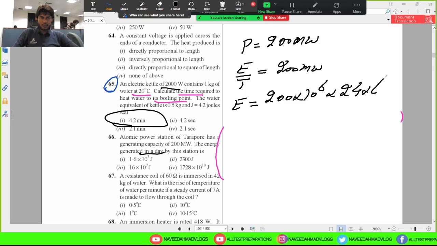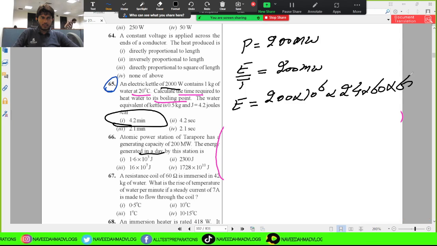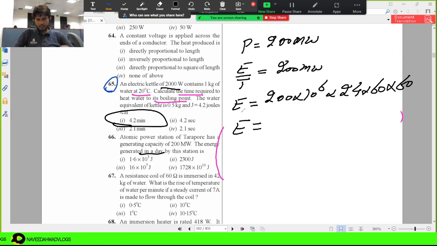In 1 hour we have 60 minutes, in 1 minute we have 60 seconds, so this value will be equal to 200 multiplied by 24 multiplied by 60 multiplied by 60.